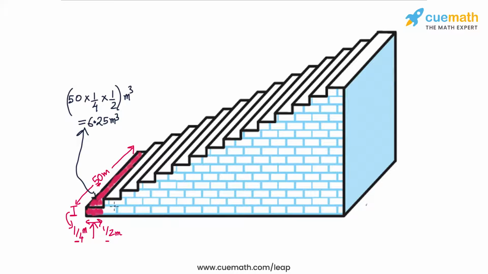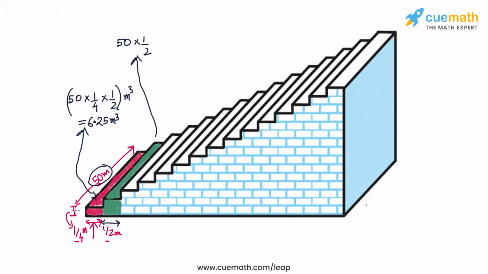Now I want you to focus your attention on the second step. So what are the dimensions of the second step? Here I've again highlighted it for you. The width of the second step will be 50 again, because that's constant, and the horizontal extent of this step will be 1/2 again. But what will be the height of the step?